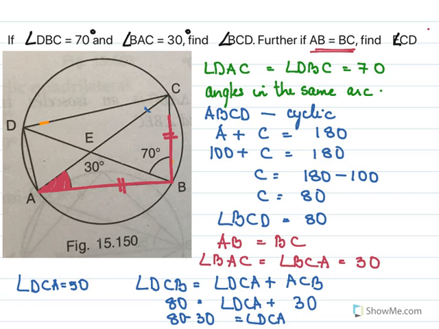Let me explain this part again. So we had this entire angle as 80, and we know that here this angle was 30, therefore this angle has to be 50 because the entire angle is 80.